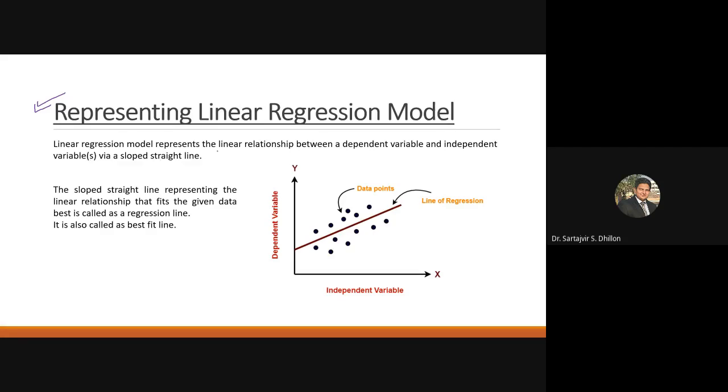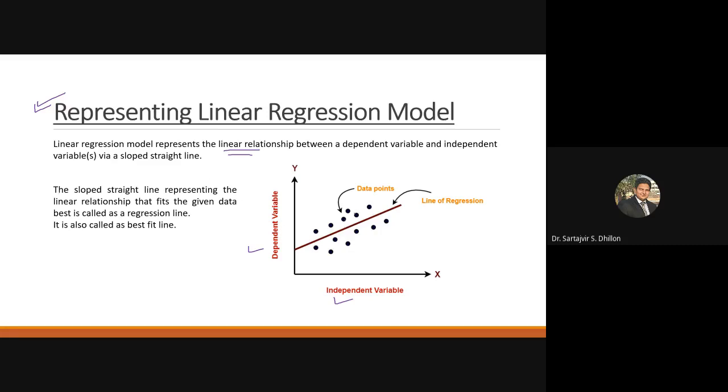A regression model basically represents the linear relationship between the dependent and the independent variables, and how we can make the relationship between these two parameters, dependent and independent, via a slope. So this one is a regression, and this is a slope, a straight line. Here you can see that there is a slope, and we will discuss the slope part a little later in upcoming slides.